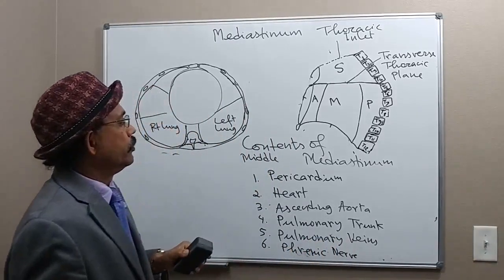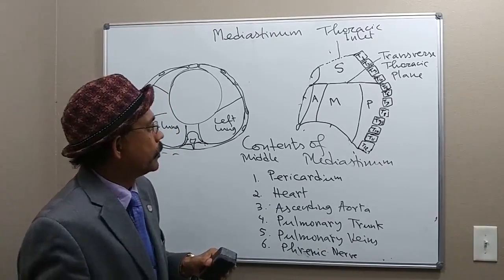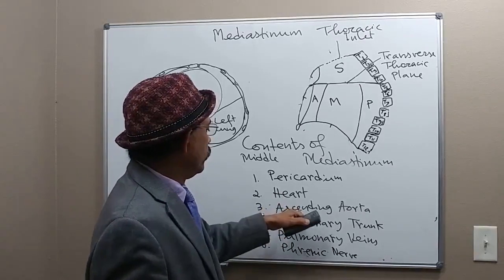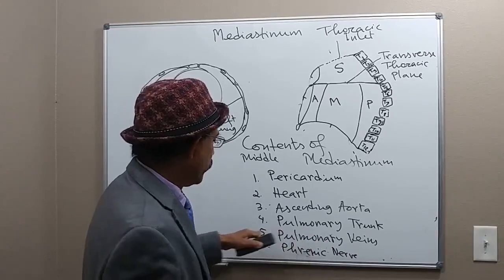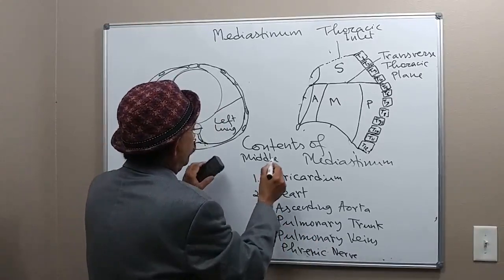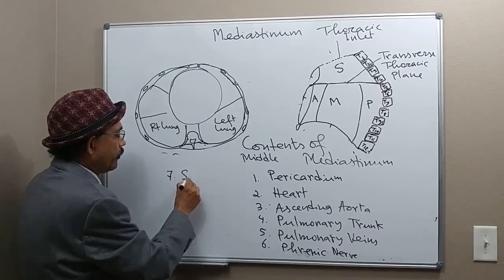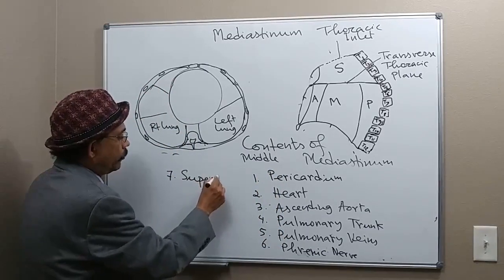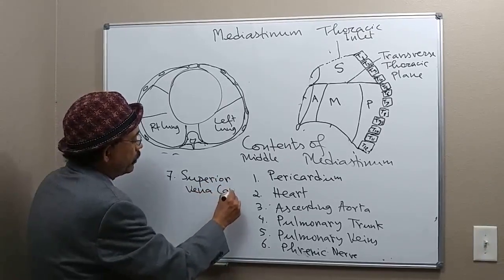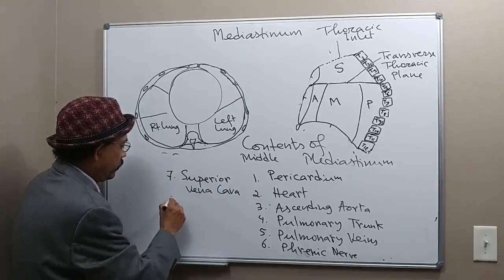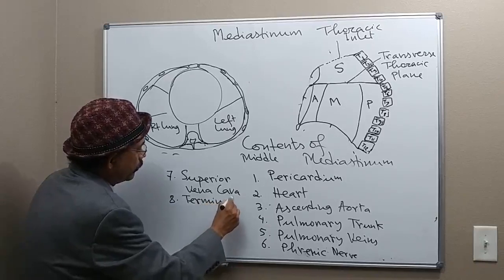Okay, we have the contents of the middle mediastinum. So we have the pulmonary trunk, pulmonary veins, phrenic nerve. Certainly we'll also add the lower part of the superior vena cava, and just the termination of the inferior vena cava.